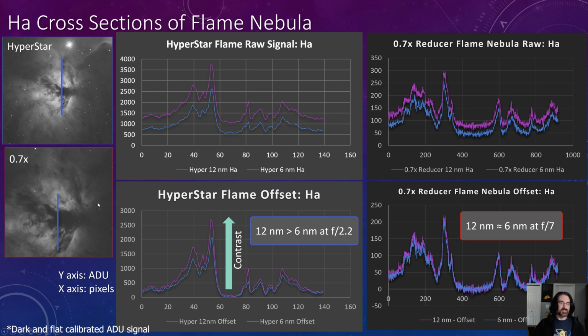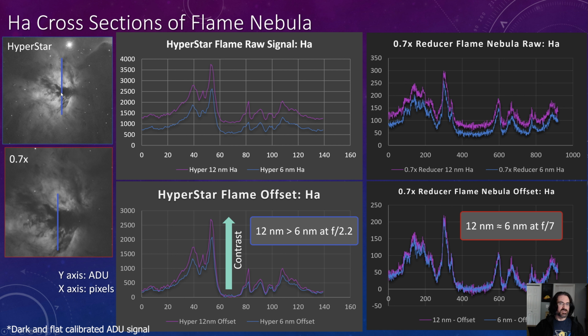So as we started in the images, just looking at the images, it was hard to tell exactly what some of the differences were between the 12 nanometer and 6 nanometer bandwidth filters. So here I've looked at a HyperStar image. I've done a cross-section of this image. We can see the results here with the 12 nanometer in purple and the blue line representing the 6 nanometer.